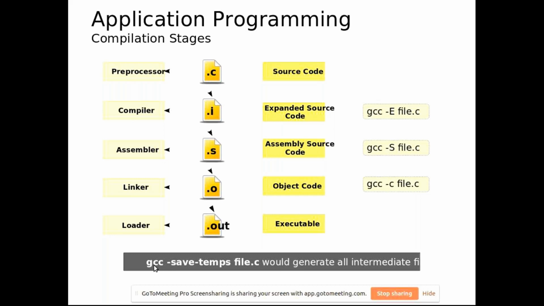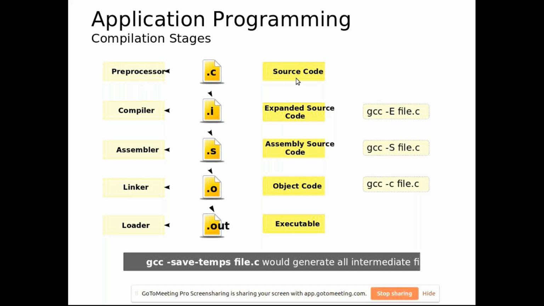So the first stage is .c, which contains the source code. Then the compiler stage gives .i, which expands the code, using gcc -E. We can use this command also, because it will save all the intermediate files. But if you want to take out a particular file, then we have to use this option with GCC.